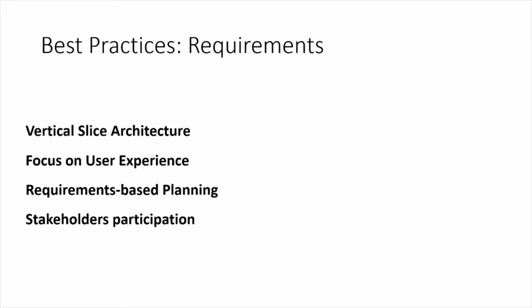Now, what are the best practices for the requirements? Here we've got vertical slice architecture. This is very important because we need to deliver some value to our customers. And in some projects, not only BI and data analytics projects, but on some other projects that develop, for example, microservices or web applications and so on, some teams decide to start with horizontal slicing.